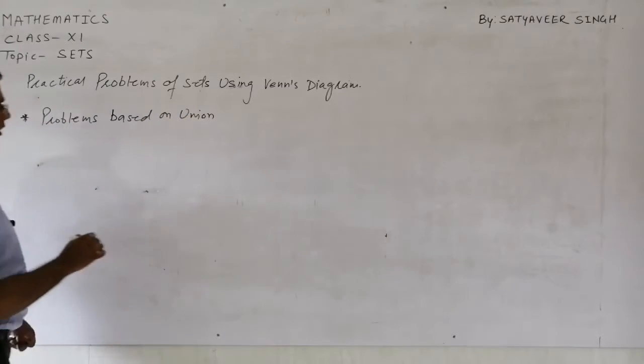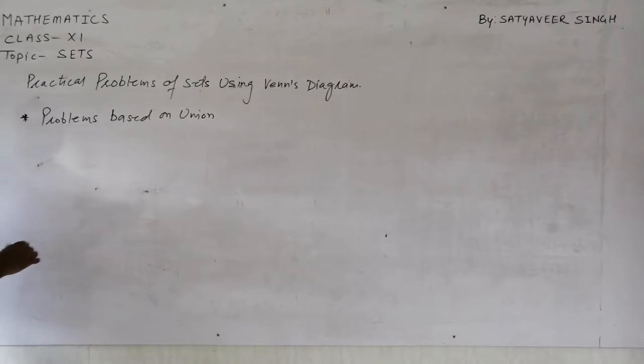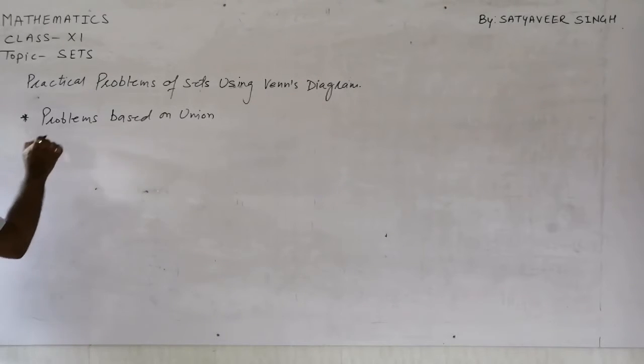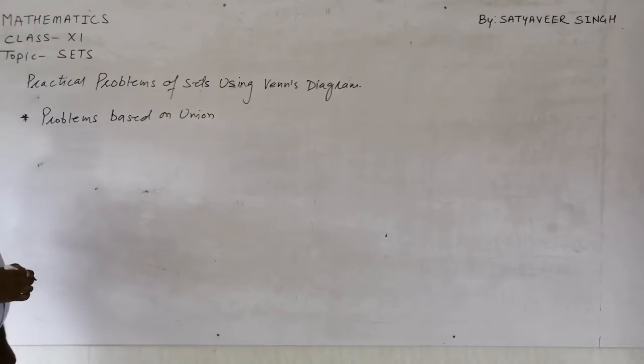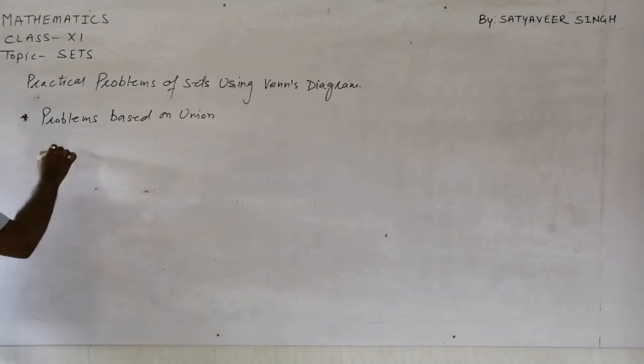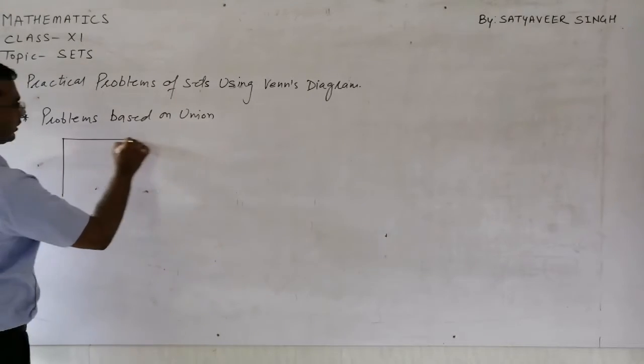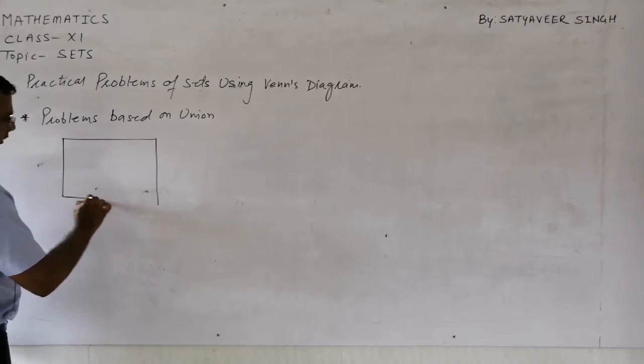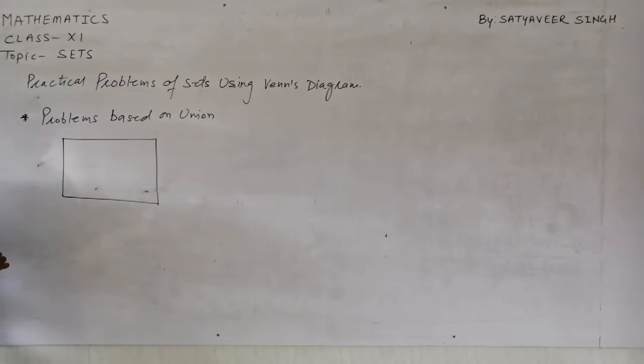See student, if we are talking about union of two sets, there can be two disjoint sets and there can be two non-disjoint sets also. So I hope you understand the difference between disjoint and non-disjoint sets.